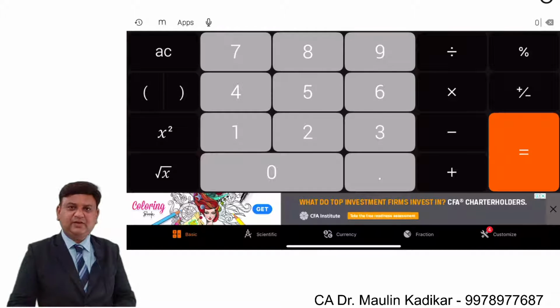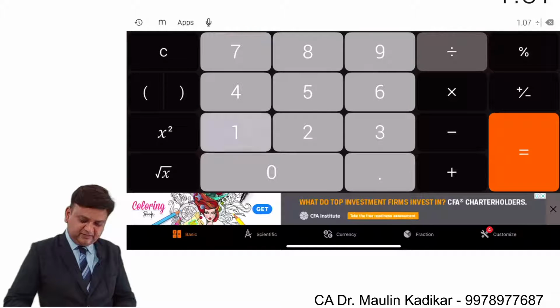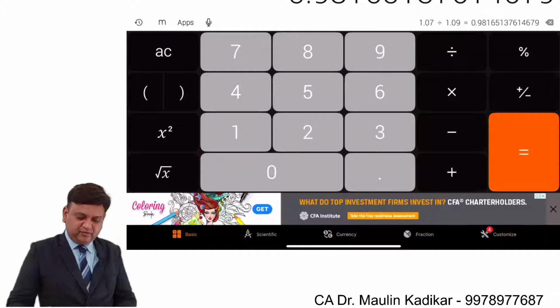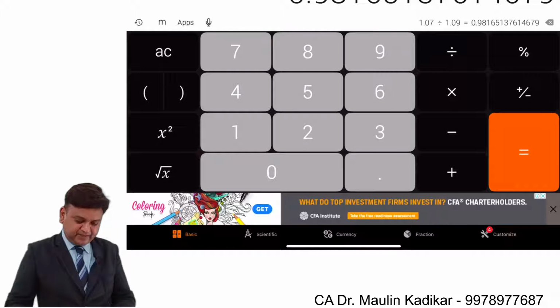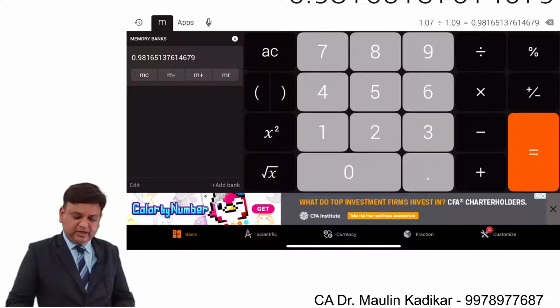Now there is one clarification that I want to give you. Over here the number of years is very small, so it is very simple for us to do it every time. Otherwise what we should do is 1.07 divided by 1.09. Whatever answer you get, add it in the memory plus. Okay, 0.9816, something like that.